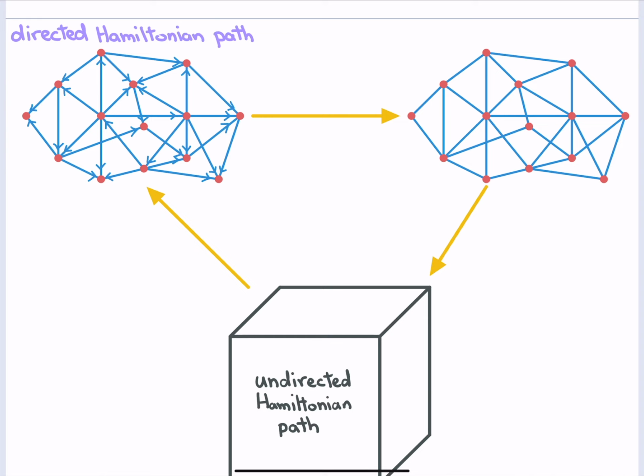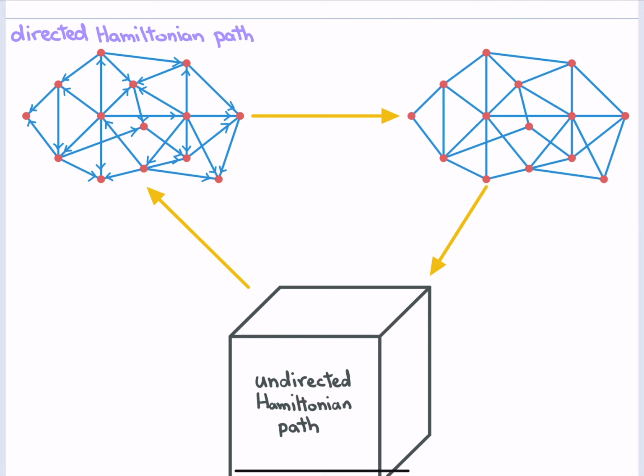You have to be more creative than just removing the arrows, which is what I did in that particular picture. That's not going to work. It's a little misleading because in general, the graph we produce will look more different than in my lazy picture.